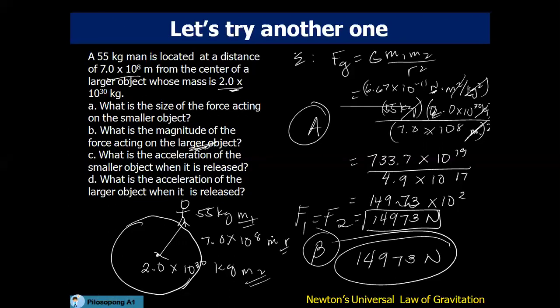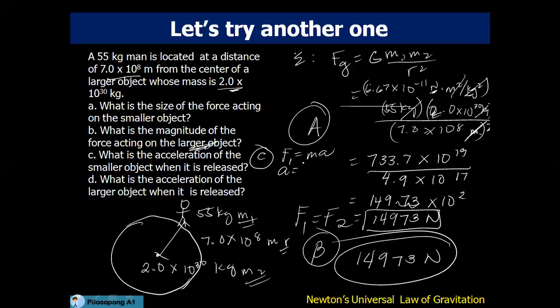For letter C, hindi na siya kasya. That's a simple equation for letter C. We just need to use F equals ma for object 1, or the smaller object. So the acceleration, we're looking for the acceleration of the object.